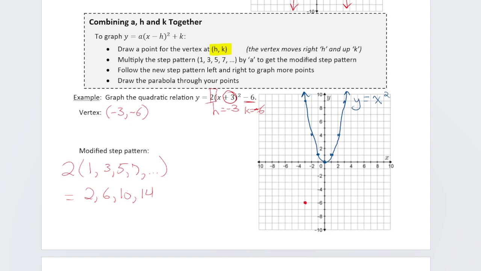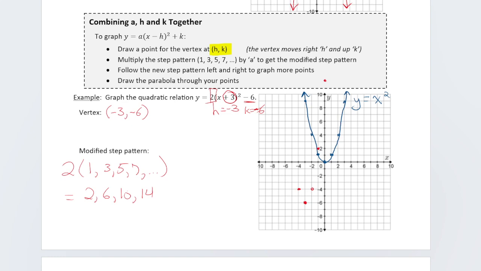So we'll go over 1 up 2, then over 1 up 6, and so on. So over 1 up 2. Over 1 up 1, 2, 3, 4, 5, 6. Over 1 up 10. Wow, even that one doesn't really fit. Well, we'll kind of sketch it.